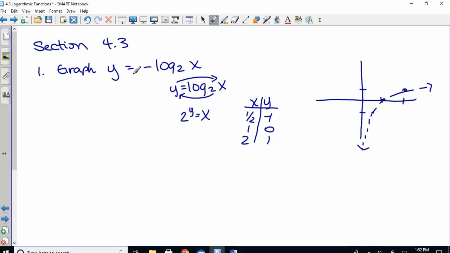What would a negative out in front do to that? Going to flip it over the x-axis. So it should look like that.